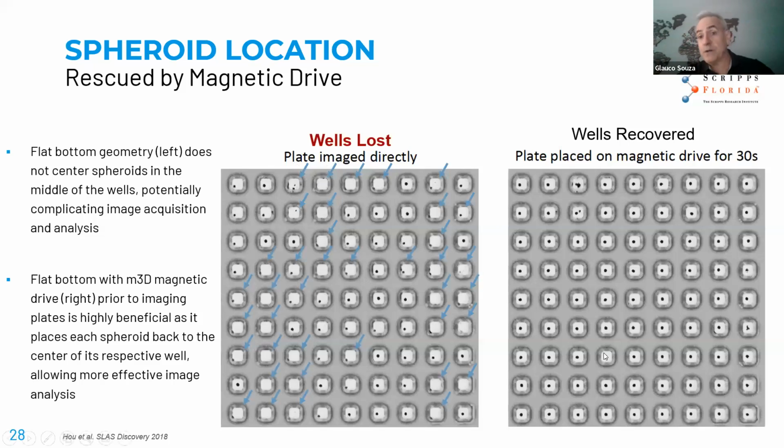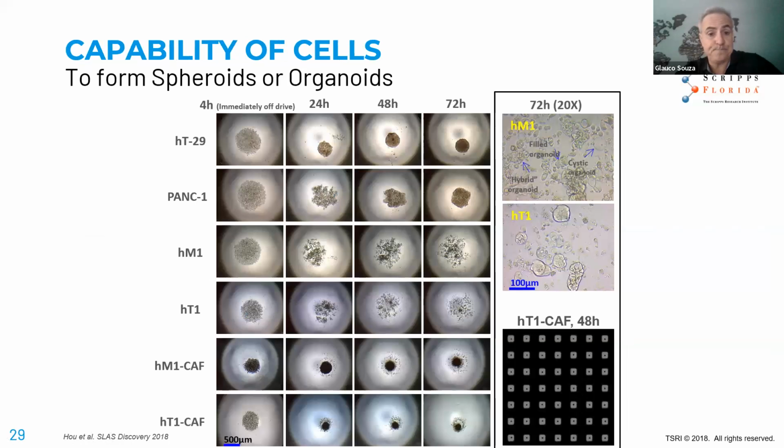But if you put on the magnet for 30 seconds, you can recenter the spheroids, and not only are they recentered in the well, you know where they are, so it makes it much easier to image the 3D cultures in the well. This is very valuable, especially when you're doing high throughput screening.